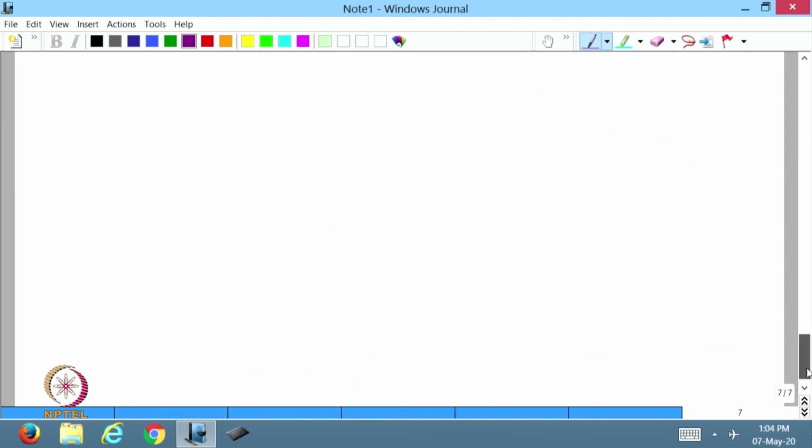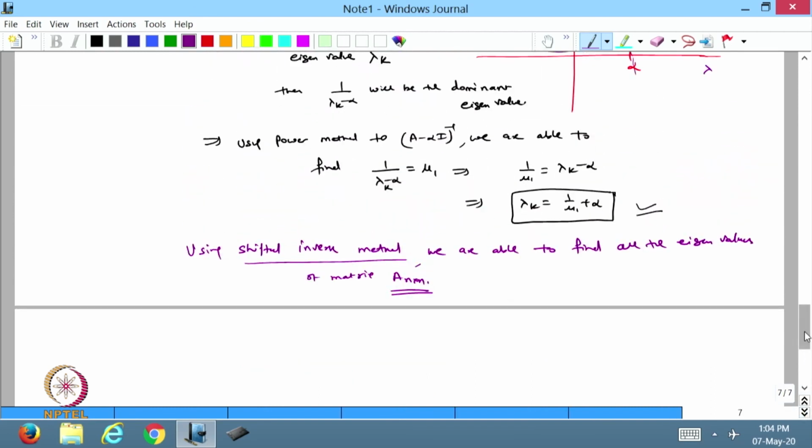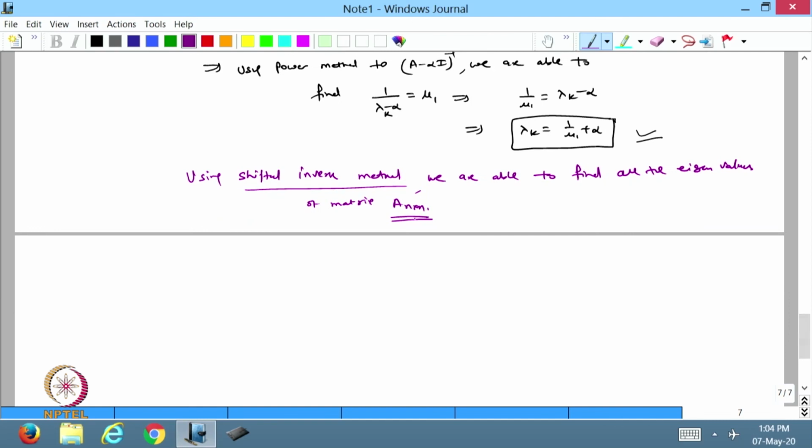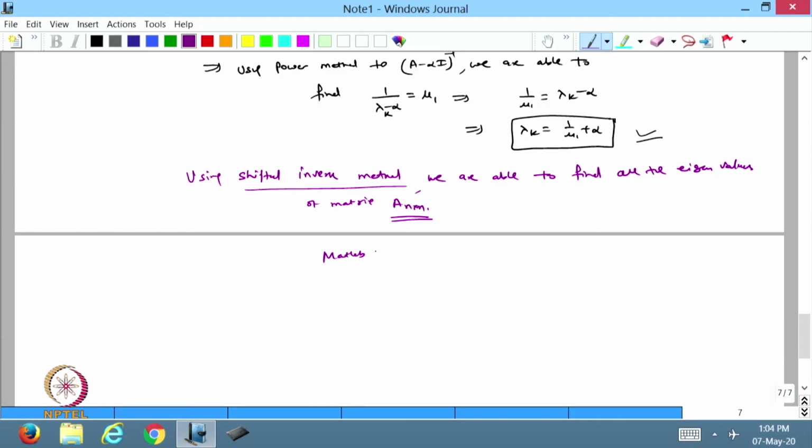So, we will see how we can use these methods to find the eigenvalues, and in the next lecture or maybe after that we will write the Matlab code, and then we will see how, using the Matlab code, we are able to find the eigenvalues of any n cross n matrix.